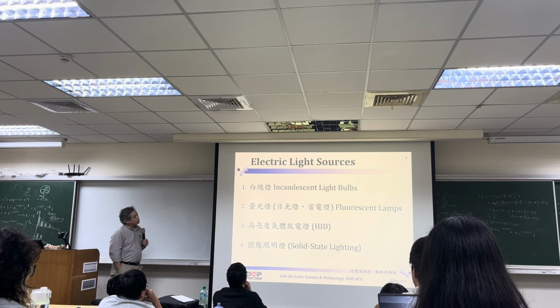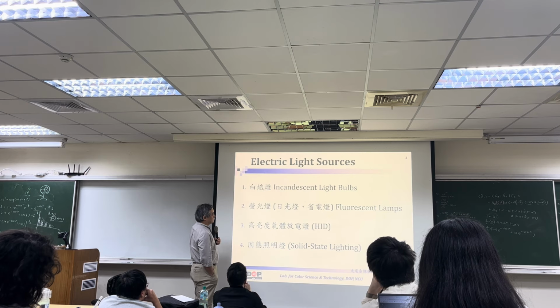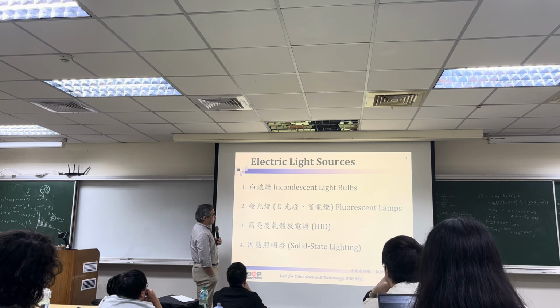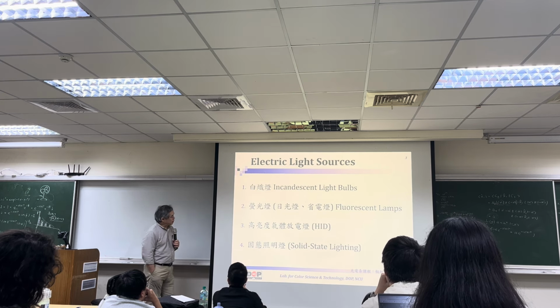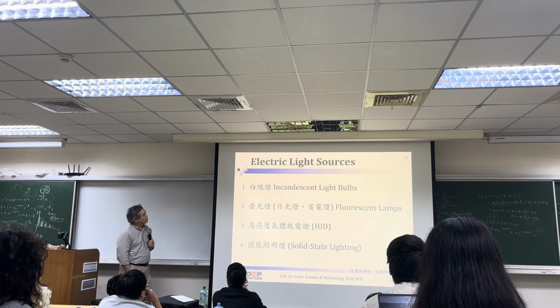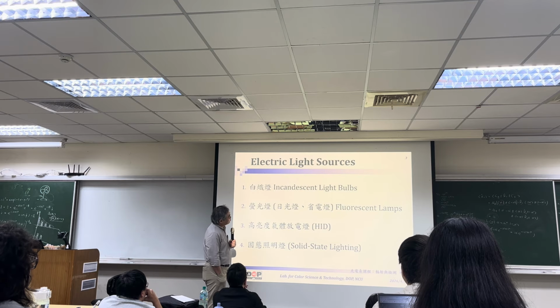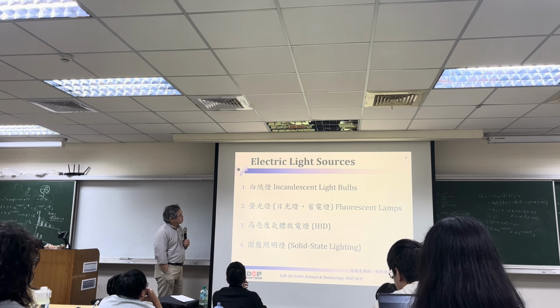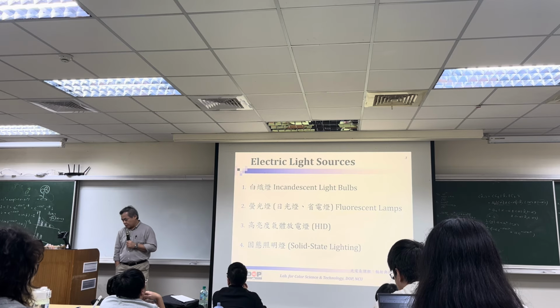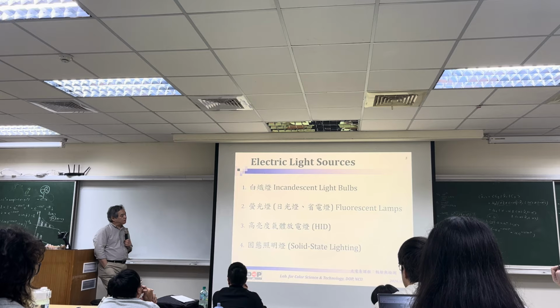For the electrical type, the most common applications are these four kinds of light source. The first one is the incandescent light bulb. We have used this kind of bulb for more than 50 years.